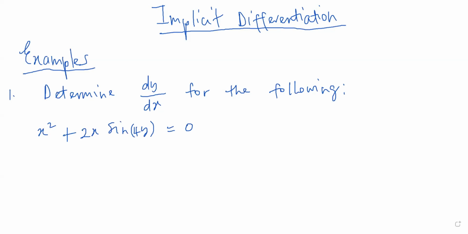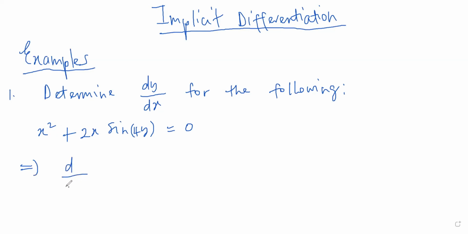So in order to determine dy dx using this equation, we have to differentiate throughout the equation. So we differentiate the left side of the equation and the right side of the equation. So this implies the following.